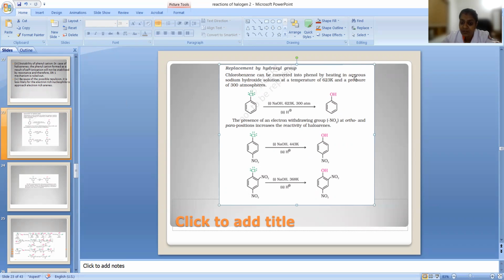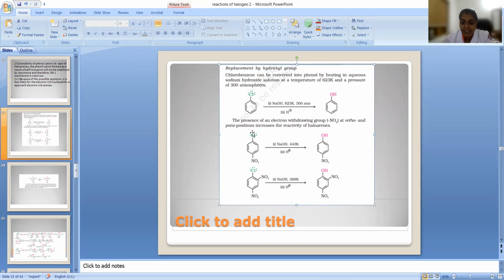Chlorobenzene can be converted into phenol by heating in aqueous sodium hydroxide, a nucleophile, at a temperature of 623 Kelvin and a pressure of 300 atmosphere. With such harsh conditions, the Cl will be substituted by OH.